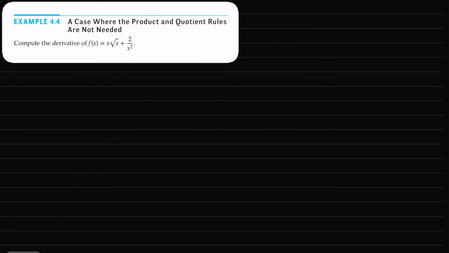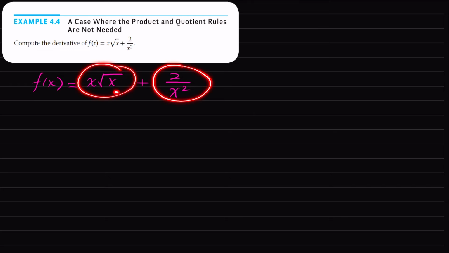Now, a case where the product and the quotient rule are not needed. So if we look here at our function, f of x is equal to x radical x plus 2 over x squared. Quickly, if we look here it's a term plus a term, two terms. So we can do the derivative of this one alone, derivative of this one alone, because there is an addition between them.